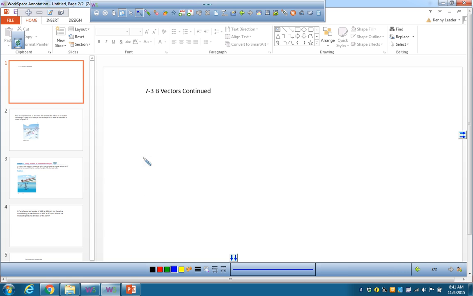So vectors continued. The first thing they talk about is a unit vector, and we talked about this the other day, but it has a magnitude of 1.